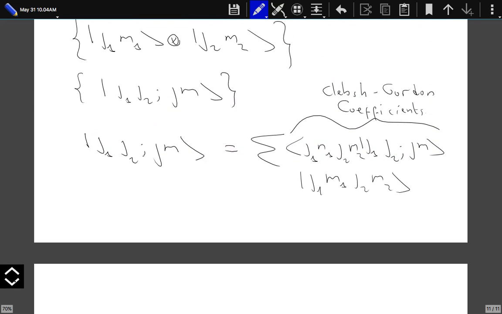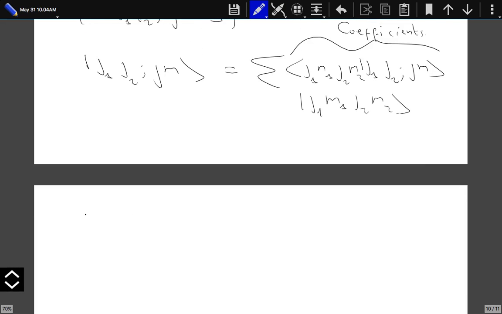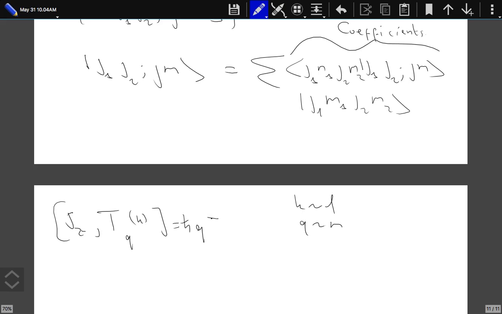Now, let me just define a general definition of the tensor operators. I will denote them by T^k_q. What does this mean? k is like the L value, q is like the M value. And if I take the commutator of this thing with Jz, it should give me ħq T^k_q.